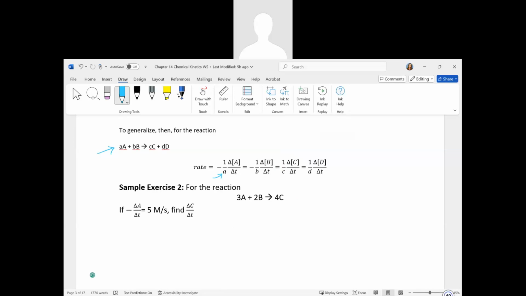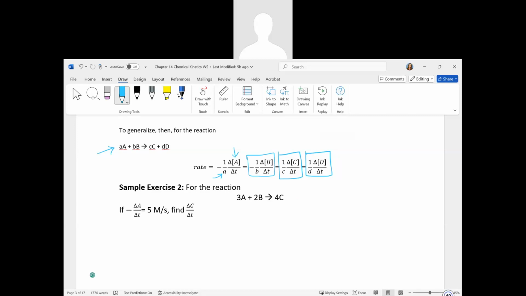Theoretically, if it's 1, this would be -1/1 for A, so that would just disappear. Then we would have the change in concentration of A over the change in time. That's the same setup for the relationship of B's disappearance rate to the appearance rate of C, and we could even relate it to the appearance rate of D.